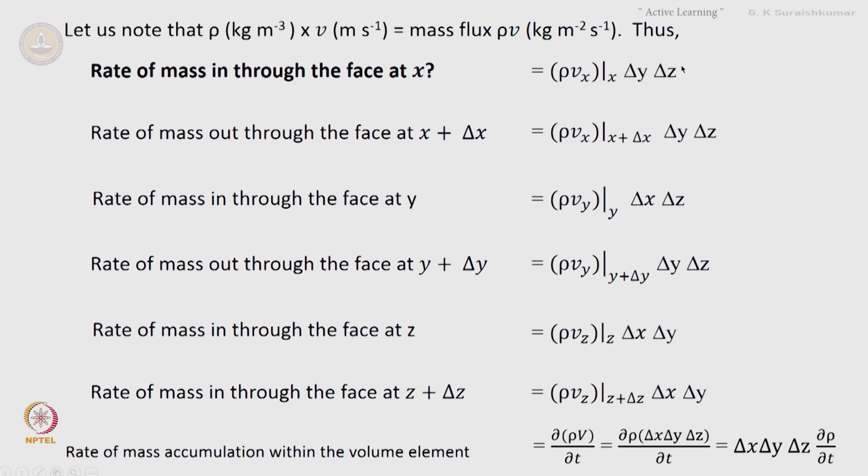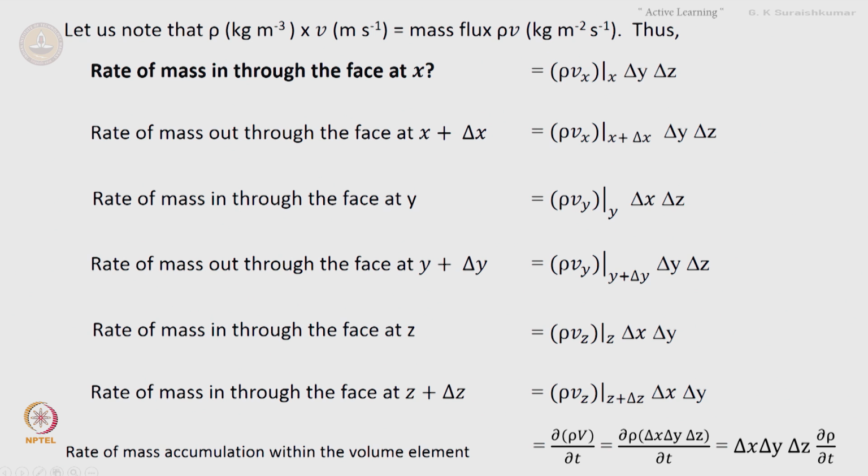Dou by dou t of rho v: density into volume is mass, therefore dou by dou t of mass is dou by dou t of rho times delta x delta y delta z, that is the small volume we are considering, the volume of the control volume. Since delta x delta y delta z are not functions of t, we can take them out and say delta x delta y delta z dou rho by dou t.